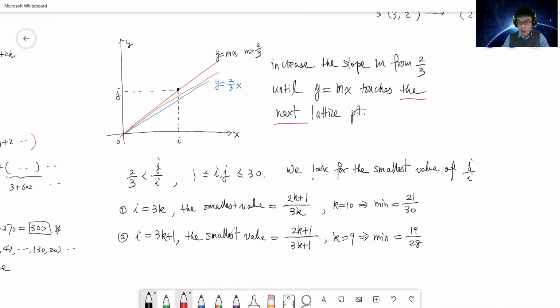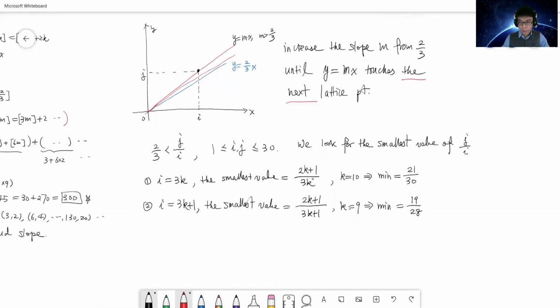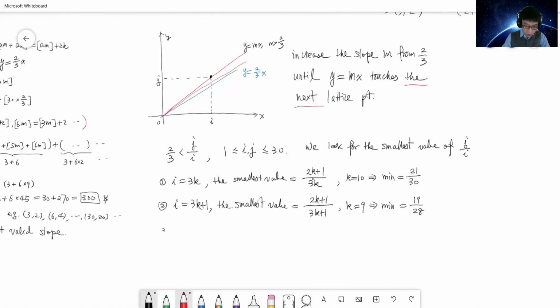That's the smallest value of the second type. Third, if i equals 3k plus 2, the numerator should be larger than 2 over 3 of the denominator, so it's 2k plus 2. 2k plus 1 is still too small.